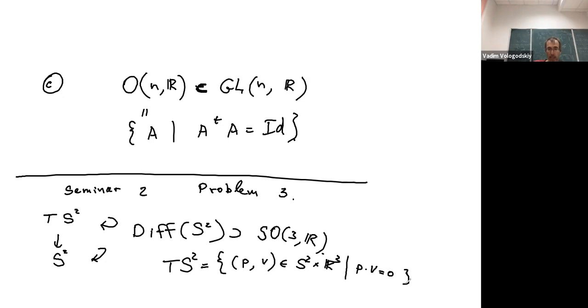This space admits a smooth map to R, which takes such a pair (P, V) to the norm of V, the length of this vector V. Now let's see, S2_1 will be the set of all pairs (P, V) in TS2 with the property that the norm of V is 1.